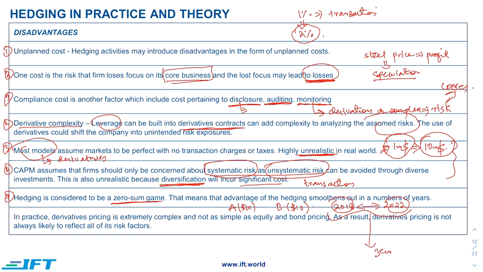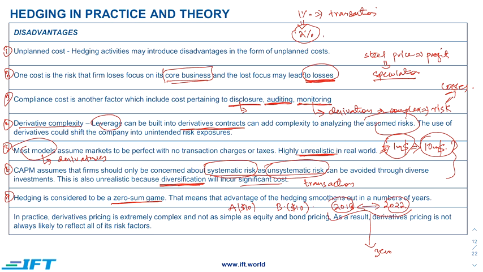Like if you are getting advantage of the hedging in one year, you can lose money in another year, and if you smooth it out over a period of time, the result would be zero.